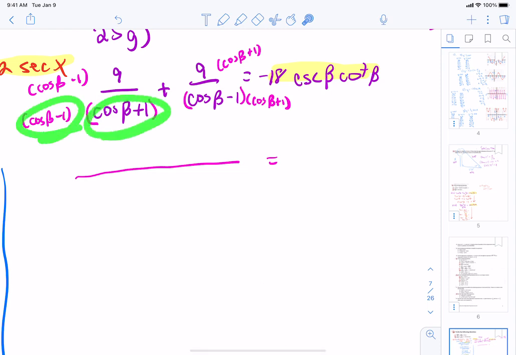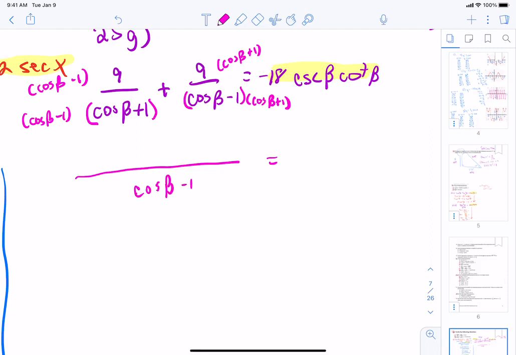Cosine minus 1, cosine plus 1. Let's put them together. That's really cosine squared minus 1. So if they're conjugates, physically actually multiply. Now on top, we just have to distribute a 9 here and distribute a 9 here. So we're going to get 9 cosine of beta minus 9 plus 9 cosine of beta plus 9.